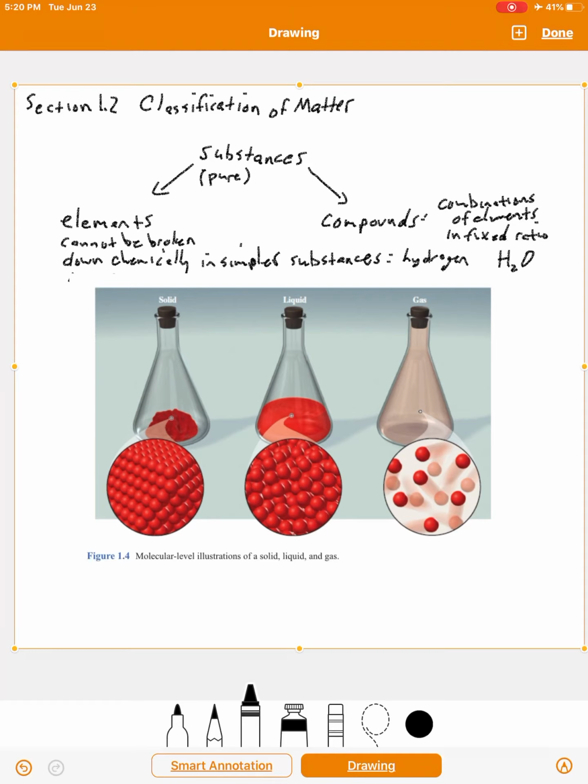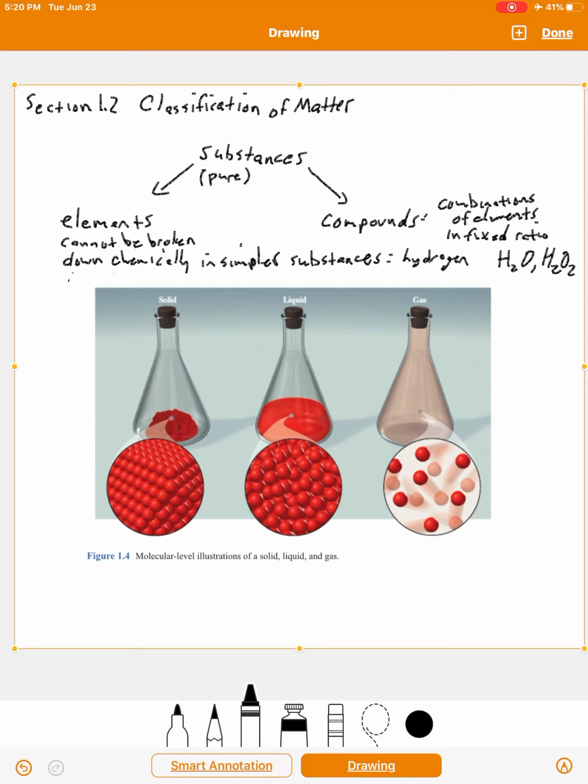On the other hand, there's another substance called hydrogen peroxide, H2O2. H2O2 has hydrogen and oxygen, but it's a different material. It's a different substance than water. It has different chemical properties and it has different physical properties.